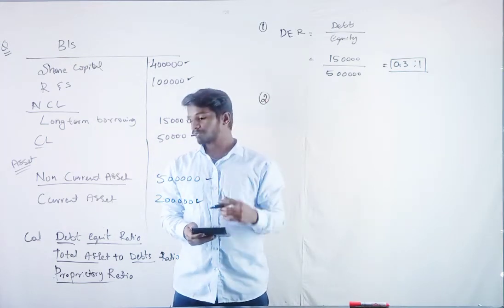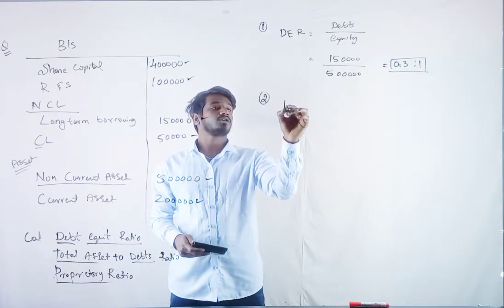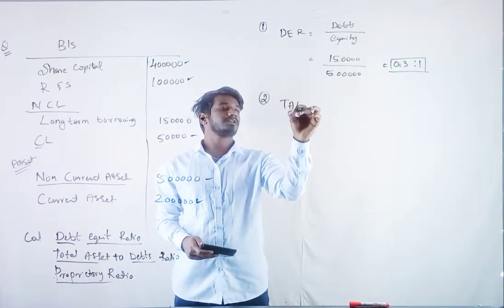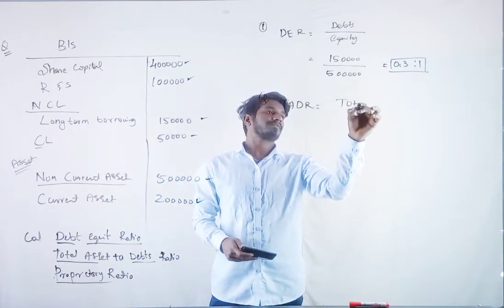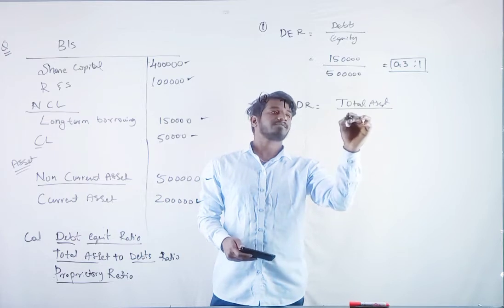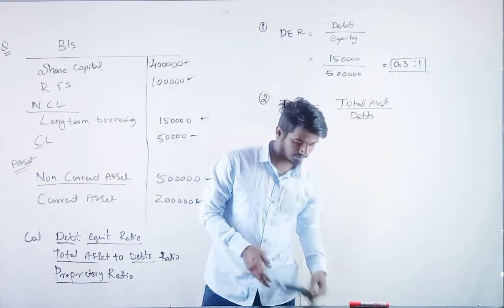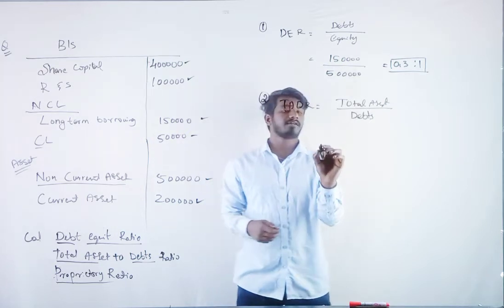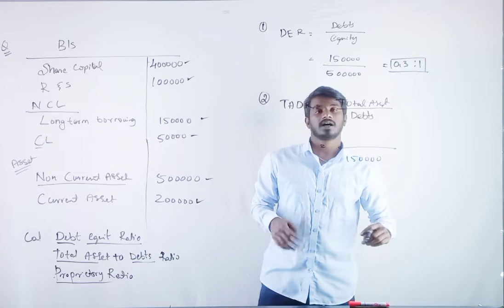Yes. The next one, total assets to debt ratio. Total assets to debt ratio equals total assets divided by debts. How much debt we have? 1,50,000. And the total assets?